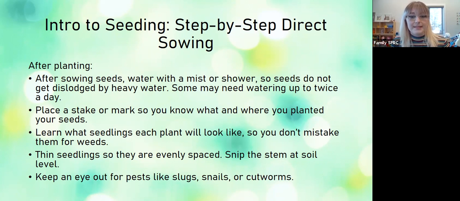Keep an eye out for pests like slugs, snails, and cutworms. Slugs, snails, stuff like that you can see on the plant. It's really easy to get rid of them. You don't need to use pesticides and stuff. It's really not necessary, and it's kind of a waste, and also can be dangerous for animals and people around you.